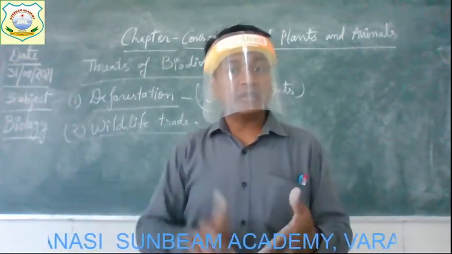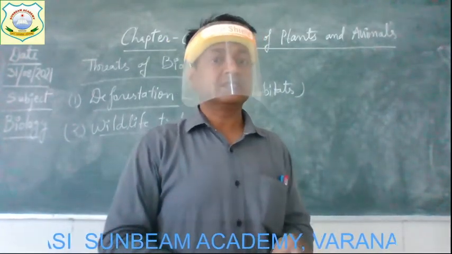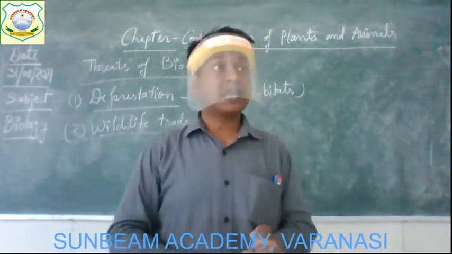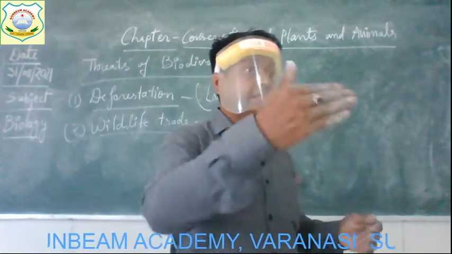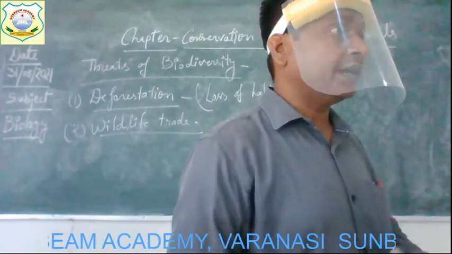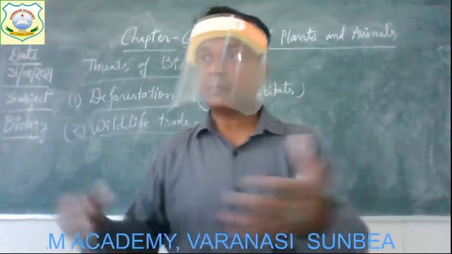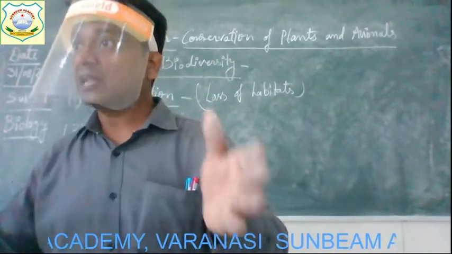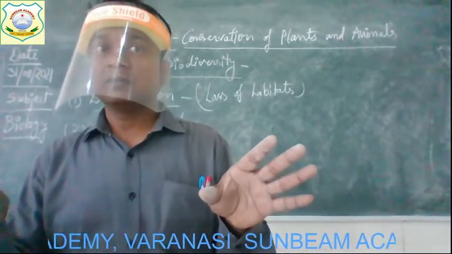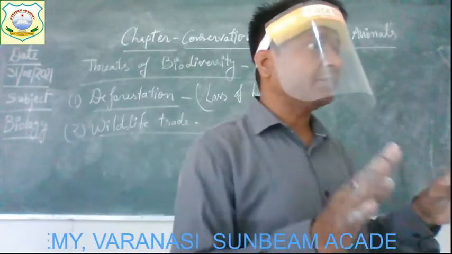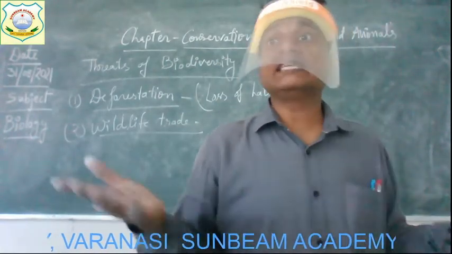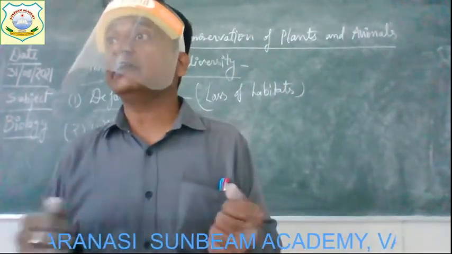Okay, so trade in exotic birds. Birds are also traded, meaning they are sold in the market. And we generally keep birds at our homes in cages, like parrots, which are very common. So it is a kind of wildlife trade.